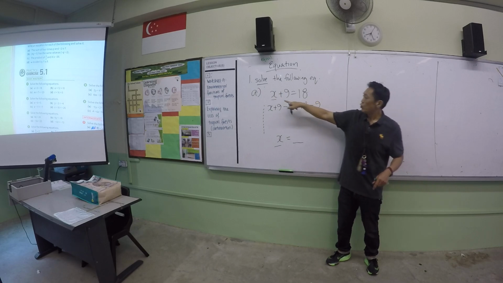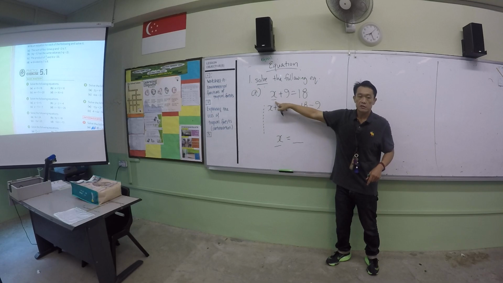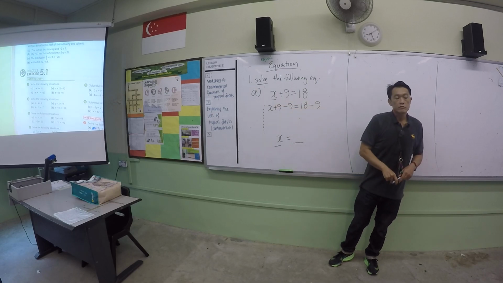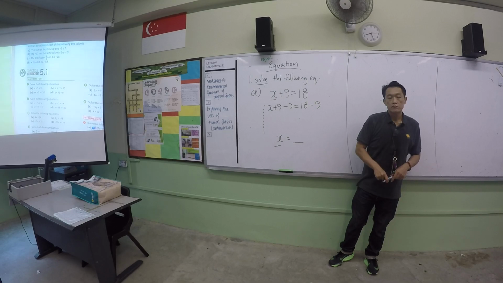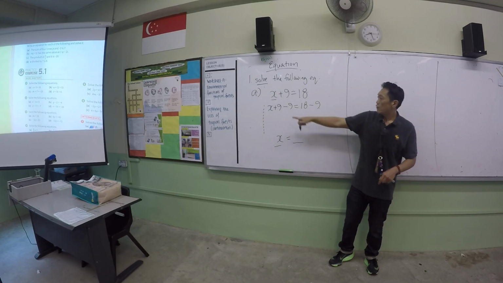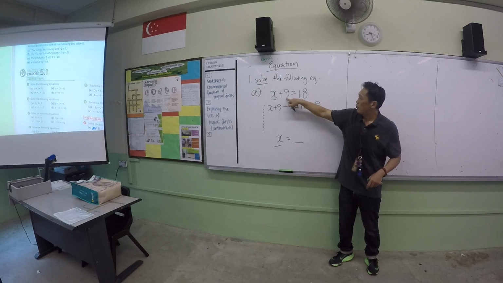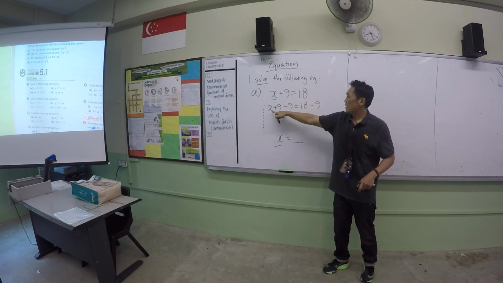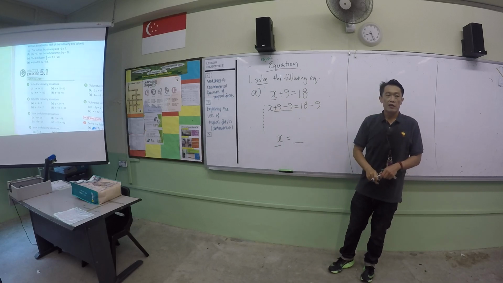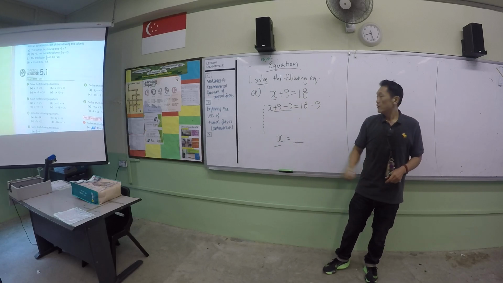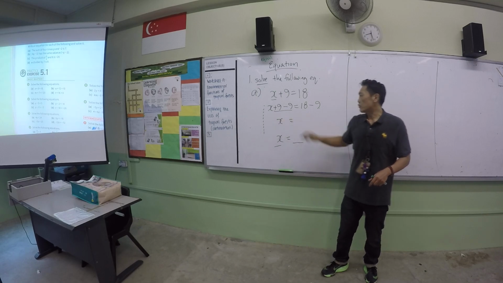I want to know what is x. You want to know what is x, but you remove the 9, you will not know what to plus and minus. So even the x becomes more mystery. No, once I minus 9, my left hand side, x plus 9 minus 9, this thing sure becomes 0. I purposely make it become 0 so that I only have x on one side.